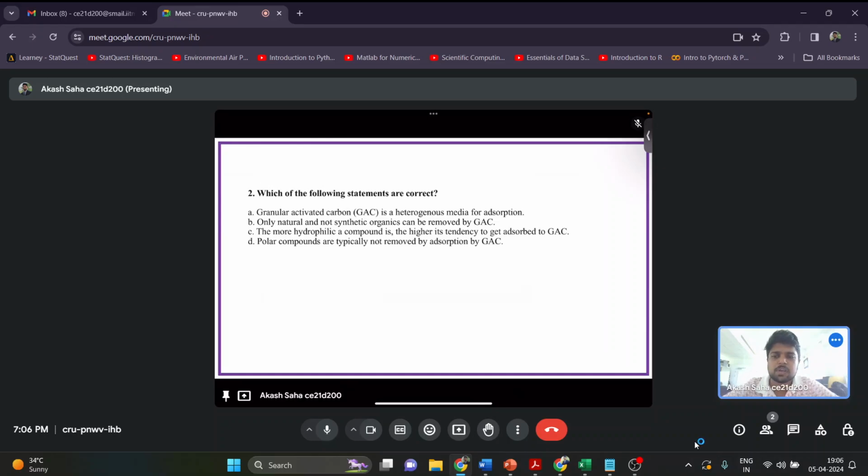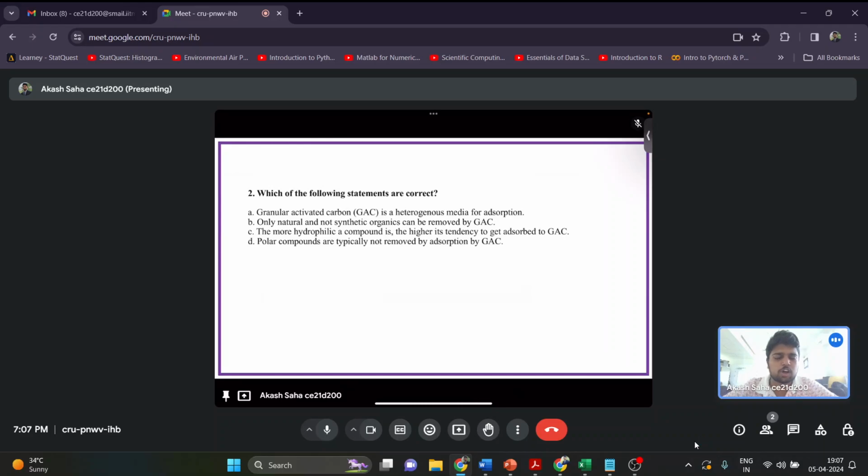Option C, the more hydrophilic a compound is, the higher its tendency to get adsorbed to GAC. And option D, polar compounds are typically not removed by adsorption by GAC. So these are the four options, and you have to tell me which of the following statements are correct.